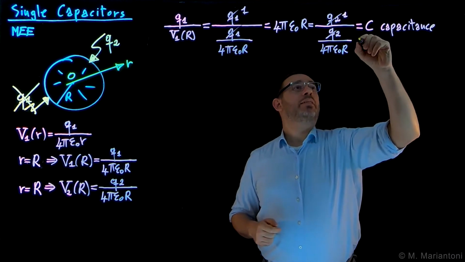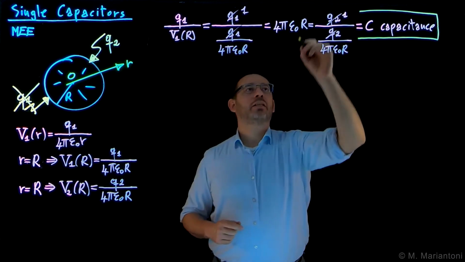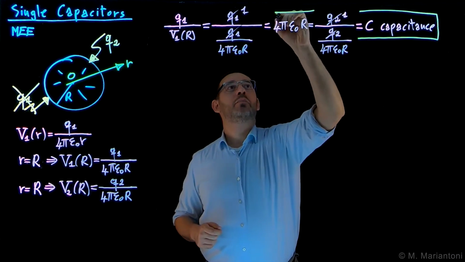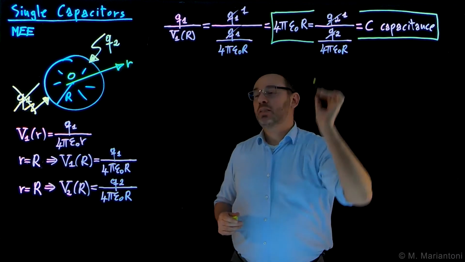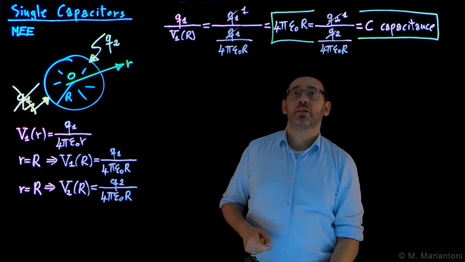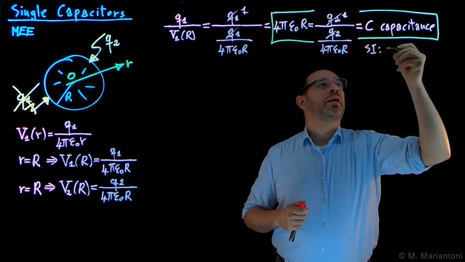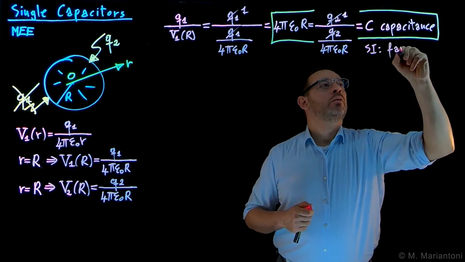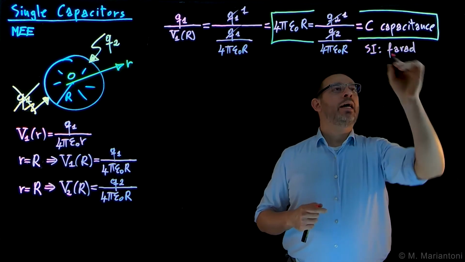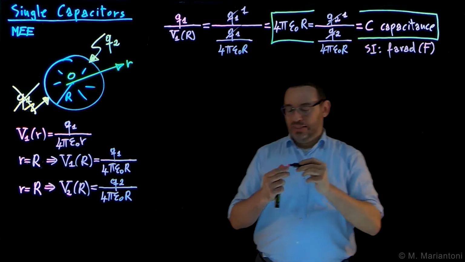For example, the capacitance C for a conducting sphere is given by 4 pi epsilon naught capital R. And as it turns out, the units in SI for this quantity, which again is called capacitance, are farad. Either you spell it entirely with lowercase f or simply capital F for farad.